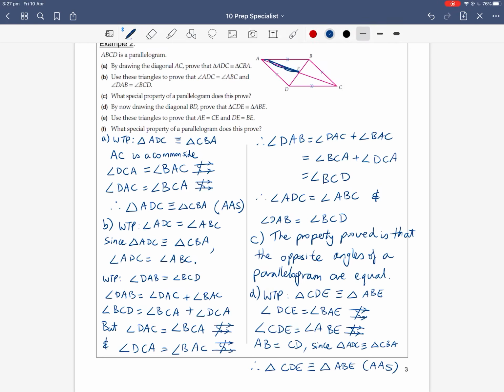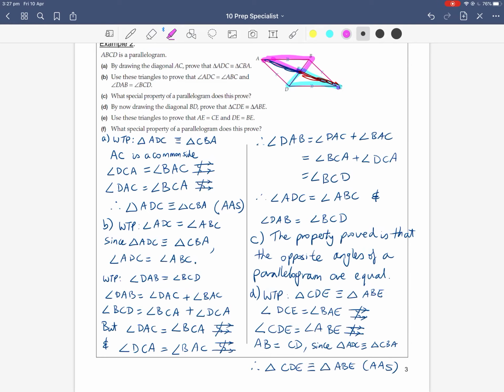So we know that A to E is the same as C to E. Well, because we proved that the 2 triangles, the blue triangle and the pink triangle, in part D are congruent. Remember, congruent triangles have the same shape and size, meaning the side lengths are the same as well.